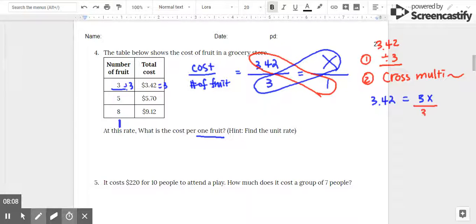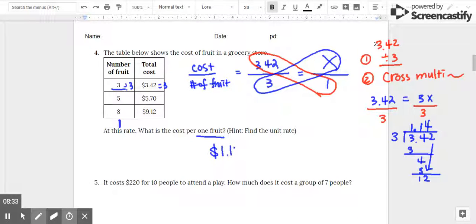You may recognize that it's the same thing as the first strategy, dividing by 3. So now I'm going to divide 3.42 by 3. You have to put a decimal here, and 4 minus 3 is 1, and you subtract, then you put down 2. How much is it? It's going to be $1.14.